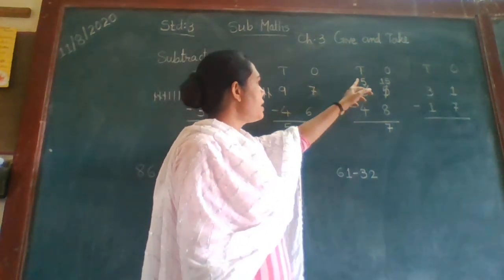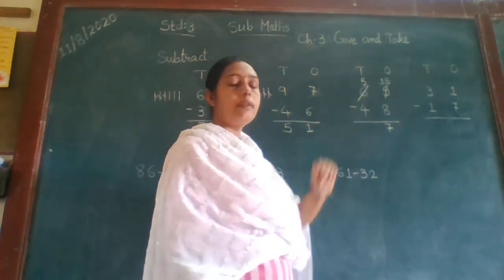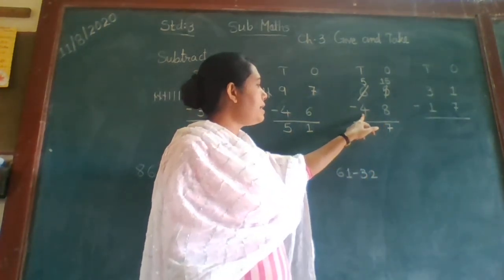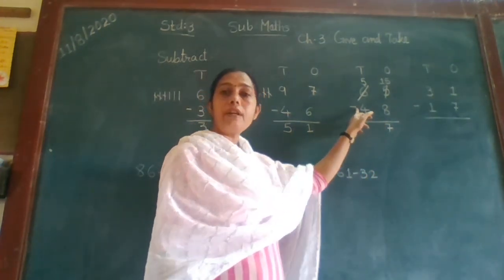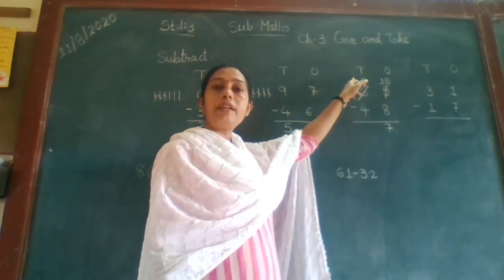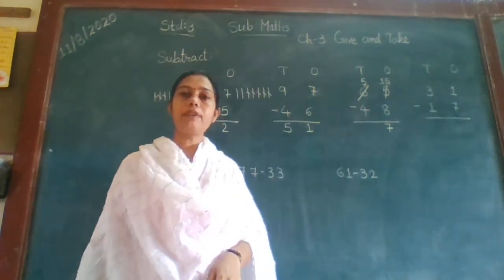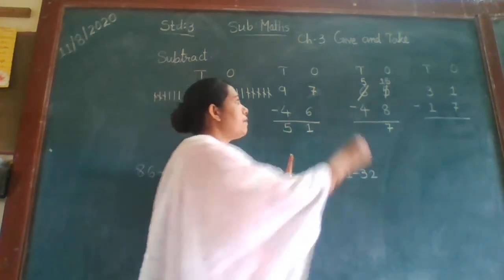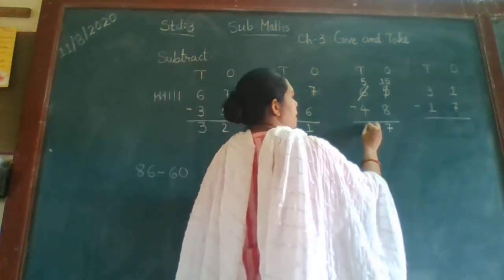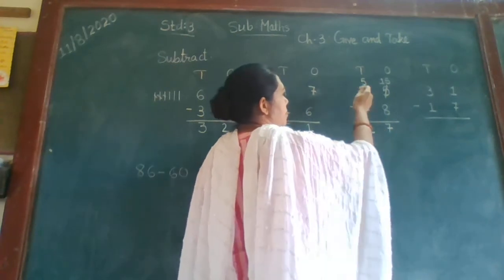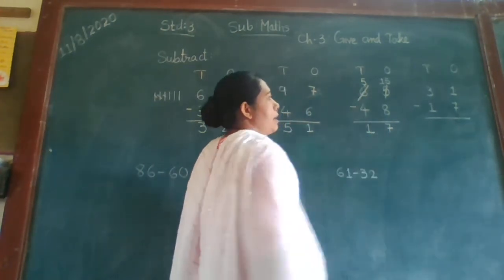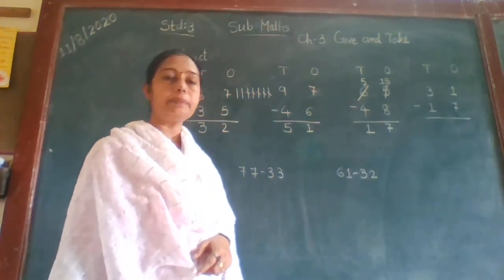Now the tens place, 5 minus 4. In the second number the tens place is 4. So after 4 we count the finger till 5. Only one finger, so 5 minus 4 is equal to 1. And 65 minus 48 is equal to 17.